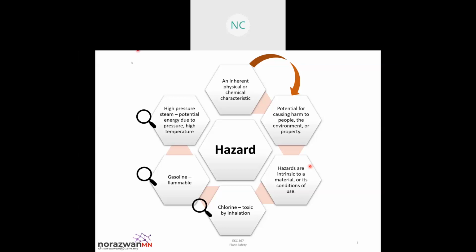That's how we implement ISD in our plant design. So the hazard is the inherent physical and chemical property that can potentially cause harm to people, environment, and property. The hazards are intrinsic to a material or its condition of use.